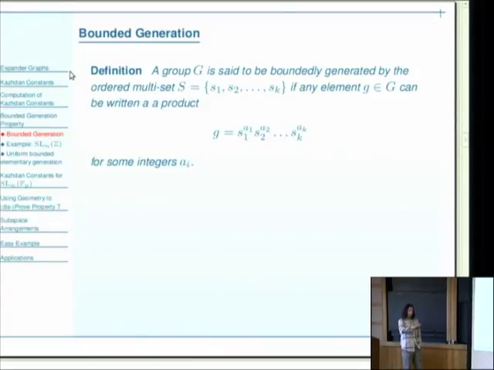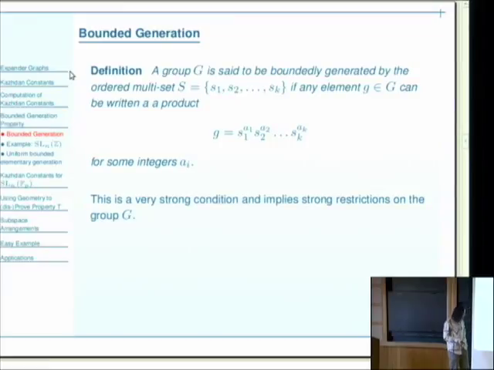Of course, these powers have to be integers. I don't claim anything about uniqueness. I don't know any non-trivial example of a non-abelian group where you have uniqueness or anything like this. This is just existence. I also said this is a very strong property. It implies a lot of strange things about the group.